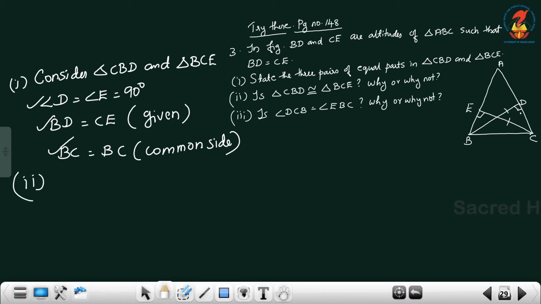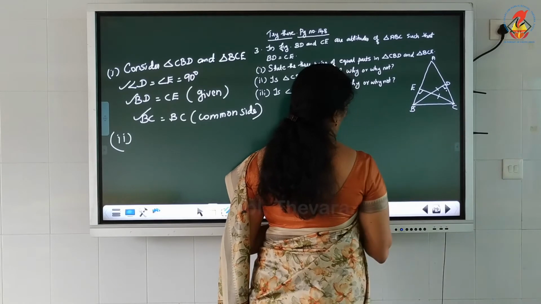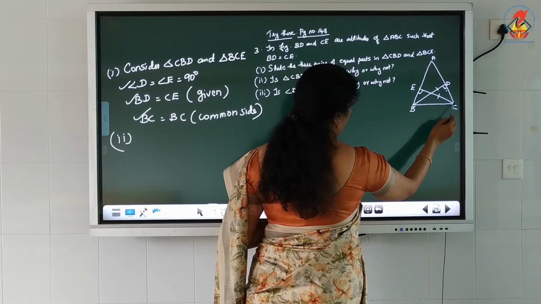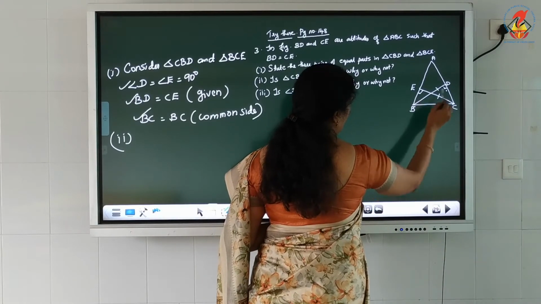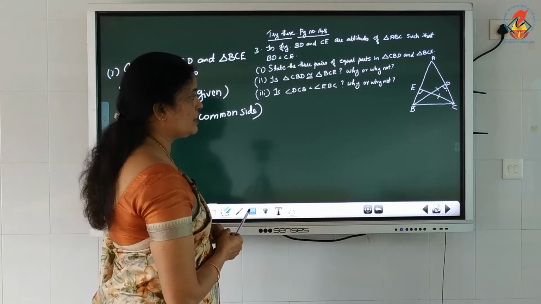Second answer: is triangle CBD congruent to triangle BCE? Why or why not? Here, this is a 90 degree. 90 degree means what? These two triangles are right angle triangles. Here BC is a hypotenuse and CE and BD are the altitudes of these two triangles.